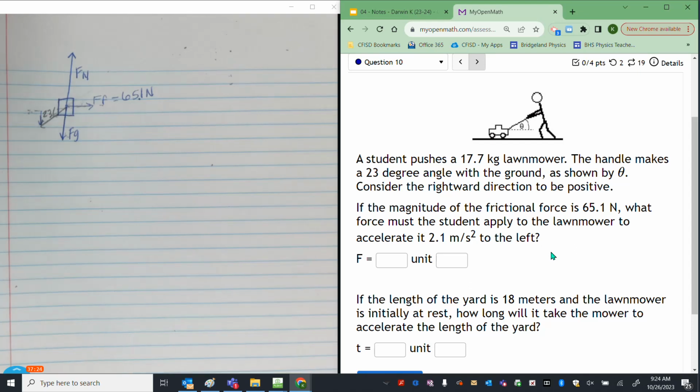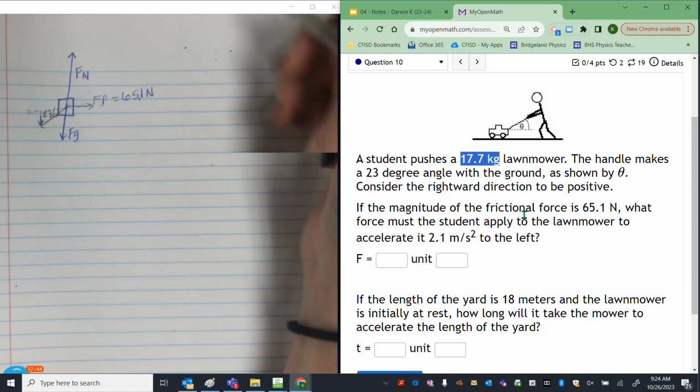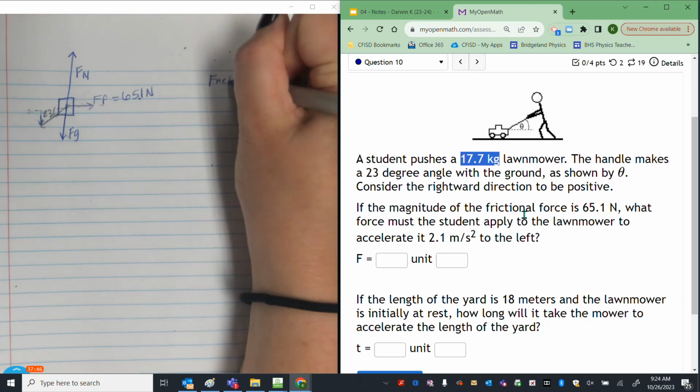And it wants to know what force he must apply to make it accelerate at 2.1 meters per second squared to the left. So it gave me an acceleration and it gave me a mass. I can actually solve for the net force. Now, the net force isn't necessarily the answer that I'm looking for, but I can use it to find the answer that I'm looking for. So I'm going to say F net equals m times a.